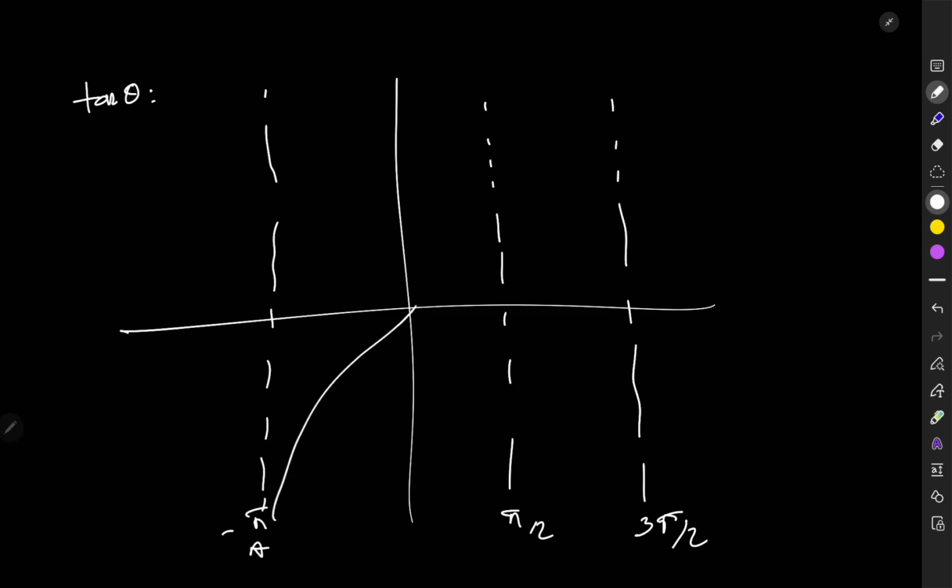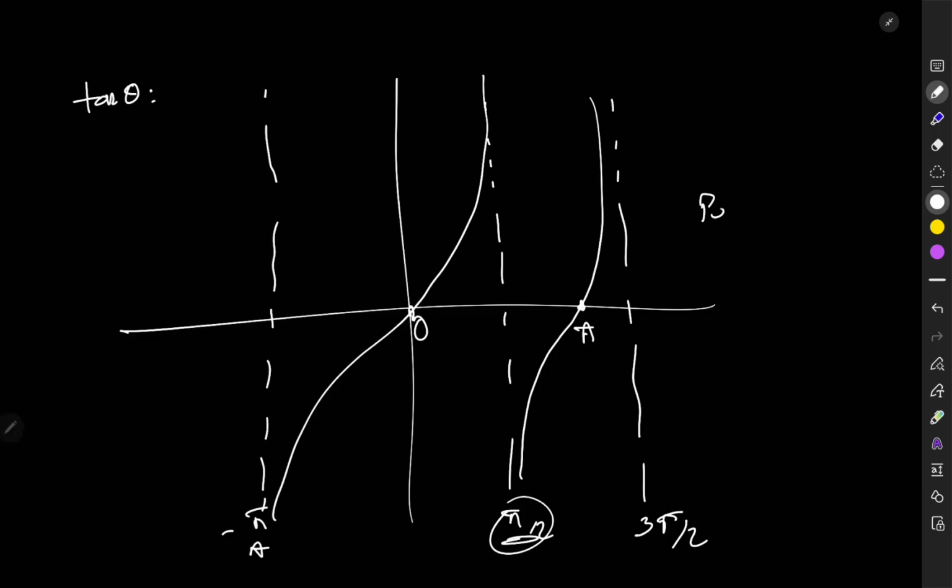It shouldn't touch the pi by 2 line. Okay, this will be pi. So it will be something like this. Why doesn't it touch pi by 2? Because at pi by 2 tan becomes not defined, right? So what is the period for this? It's basically pi.